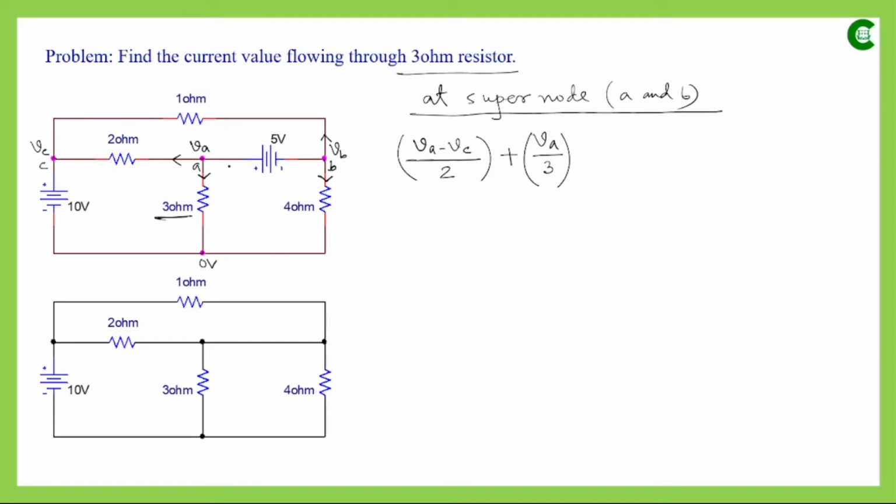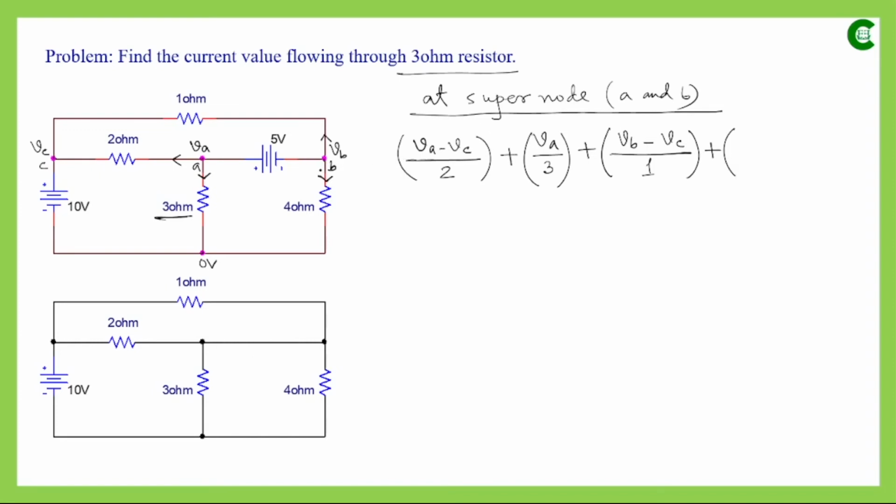Then the other node of the supernode is B, with this branch and this branch. The current through this branch, as per its direction, has B at higher potential and C at lower potential. So the current value will be VB minus VC, the potential difference between these two points, divided by the resistance value, and it will again be added as this is also leaving.